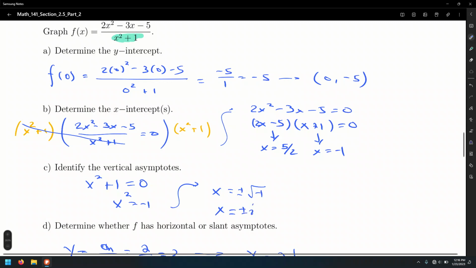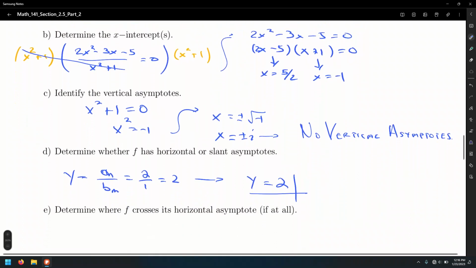Well, we don't want imaginary numbers in this class, only real numbers, so this means no vertical asymptotes. All right, no vertical asymptotes in this situation. The horizontal asymptote, we already got it.